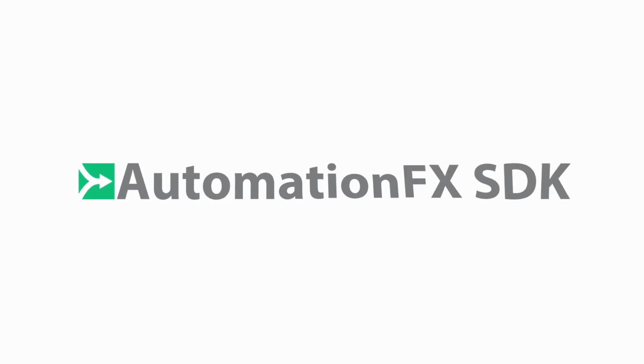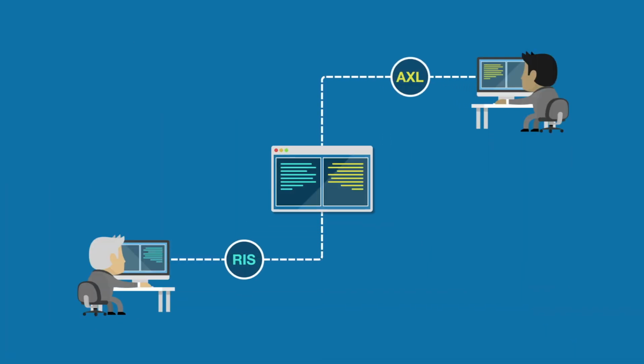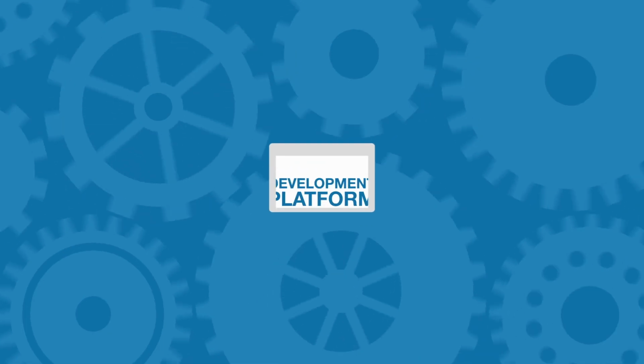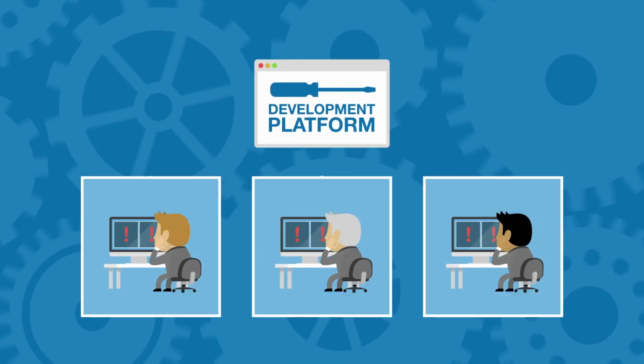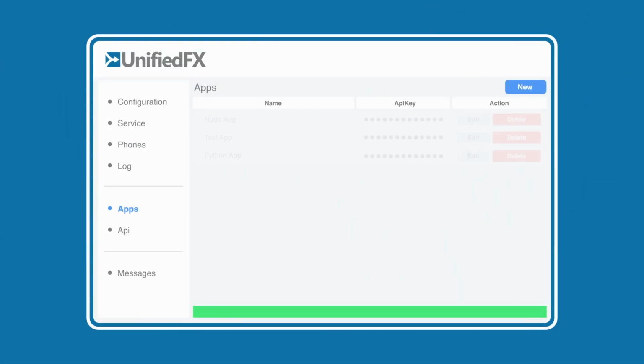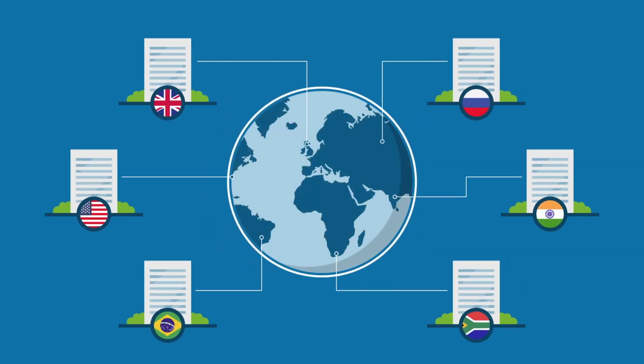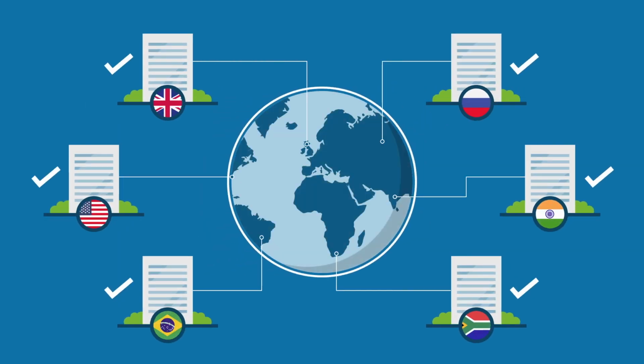Welcome to AutomationFX SDK, a unique product that simplifies the API complexity in creating collaboration solutions. AutomationFX SDK is a development platform designed to ease complexity. It provides middleware that can ease programming using a simple, standard, and widely understood interface.